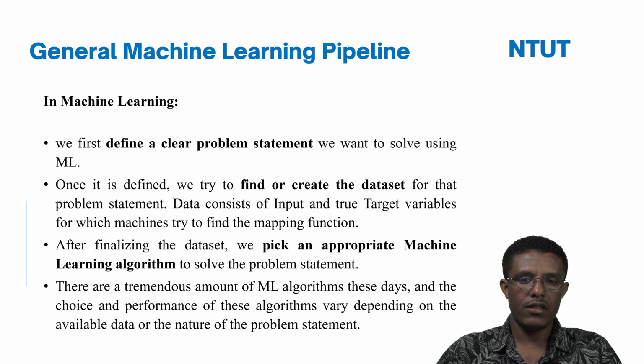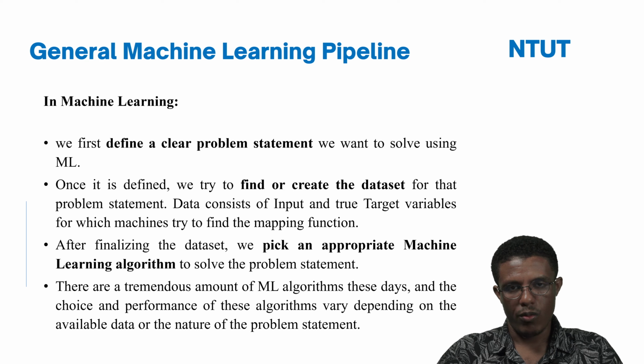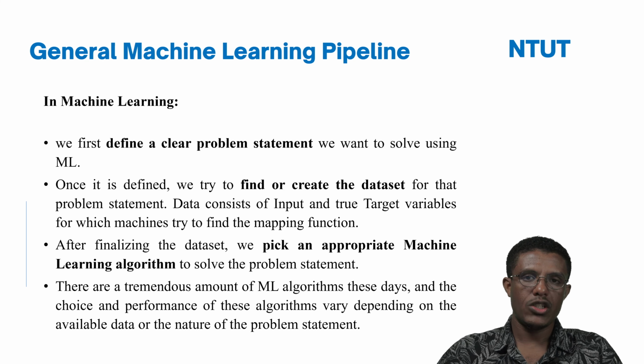So when we select the type of machine learning algorithm, it mainly depends on our data nature and the nature of the problem, because the data nature can determine whether the algorithm is supervised, unsupervised, reinforcement, and so on.